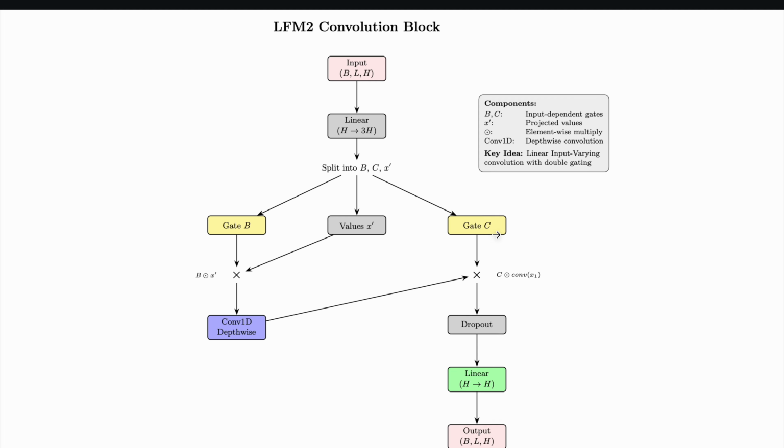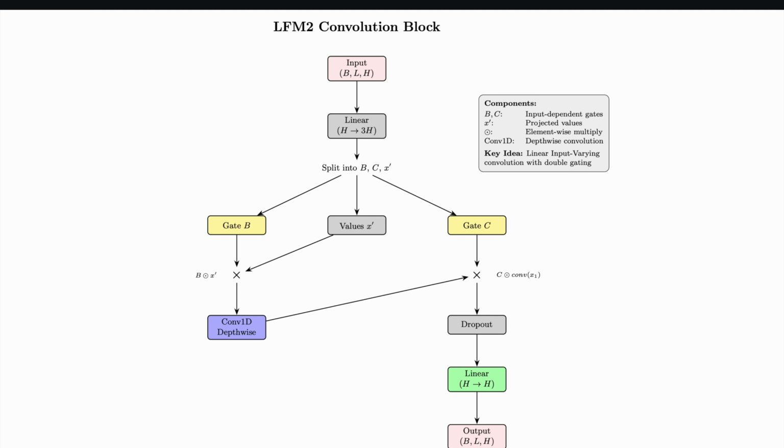After the scaling, the data goes through a convolutional layer, which gives it a kind of local context sensitivity, which is very important. After the convolution, the input is again scaled by the second gate C. And why is this a liquid behavior? In a traditional neural network, the transformation is fixed once training is done.